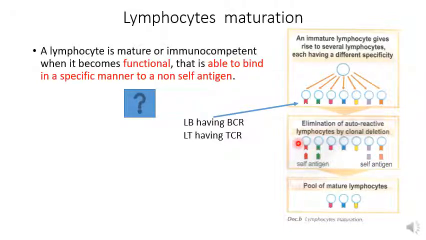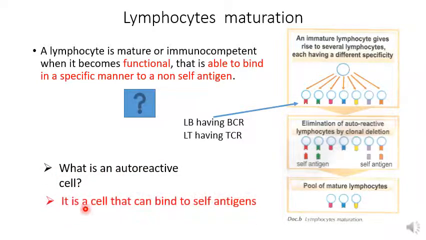If a lymphocyte can bind to a self-antigen, then this lymphocyte is said to be autoreactive. So what is an autoreactive cell? It is a cell that binds to self-antigens.